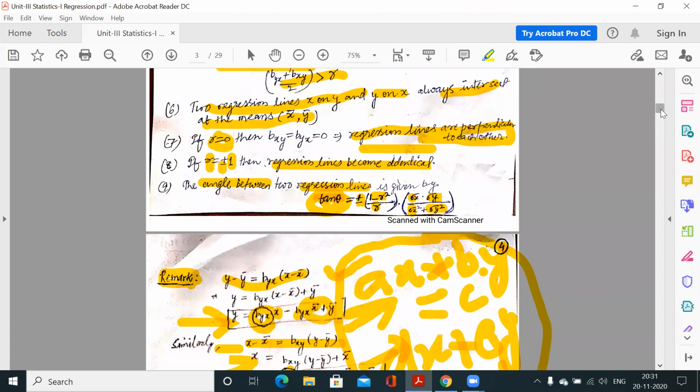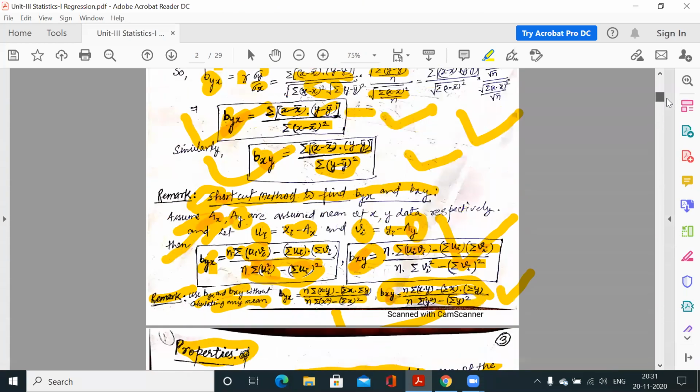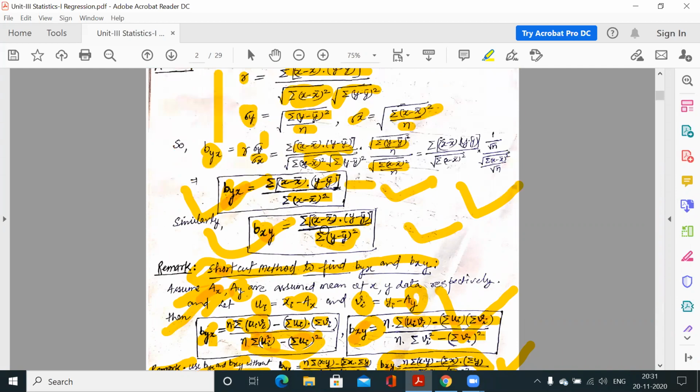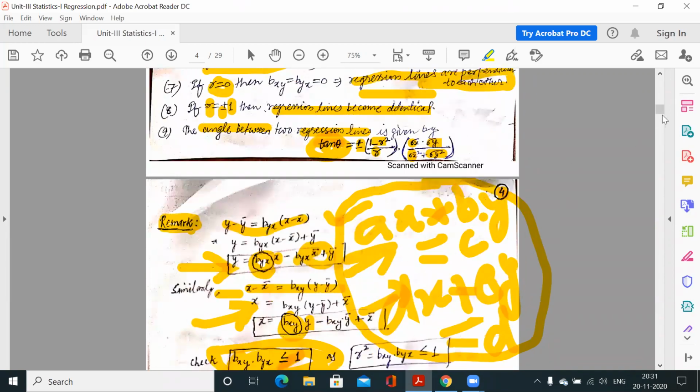Otherwise, what would be the difficulty? We cannot use the other formula because we don't know what u and v are. You know x bar and y bar, but you don't know the difference x minus x bar, because we don't know x. We know the summation x only. For that formula, we must know x minus x bar, which is not given to us.